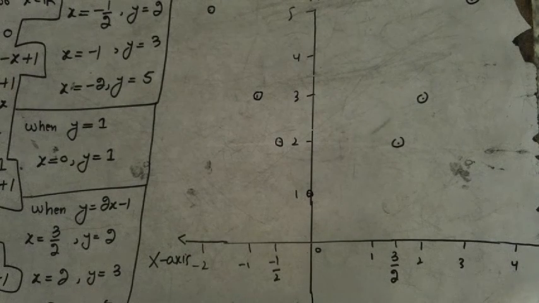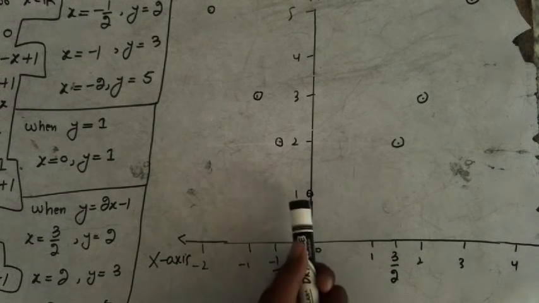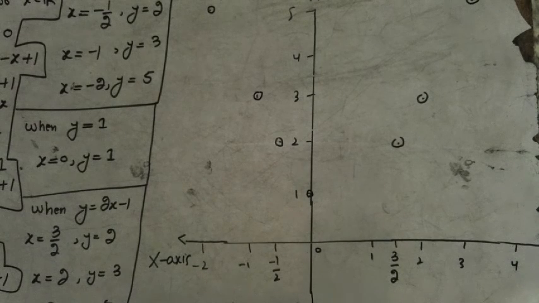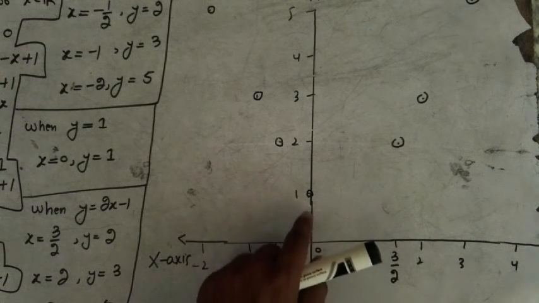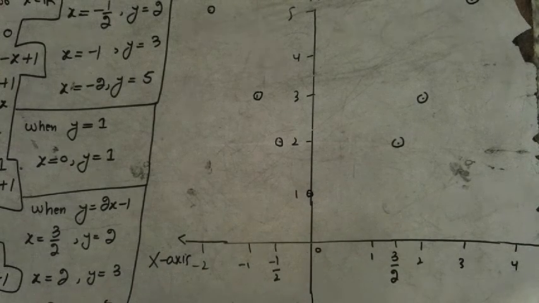In the same way, when the value of y is 1, then the value of x is 0. This is a dot. When the value of x is 0, the value of y will be 1.